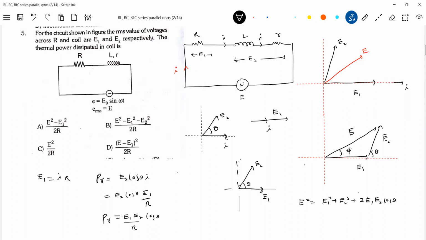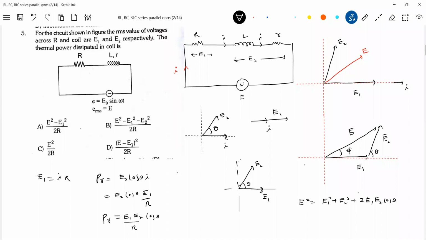Should it be cos phi or cos theta? It should be cos theta only. I'm just taking the vector addition. And why should it be E square? Because the vector sum of E1 and E2 should be equal to E.